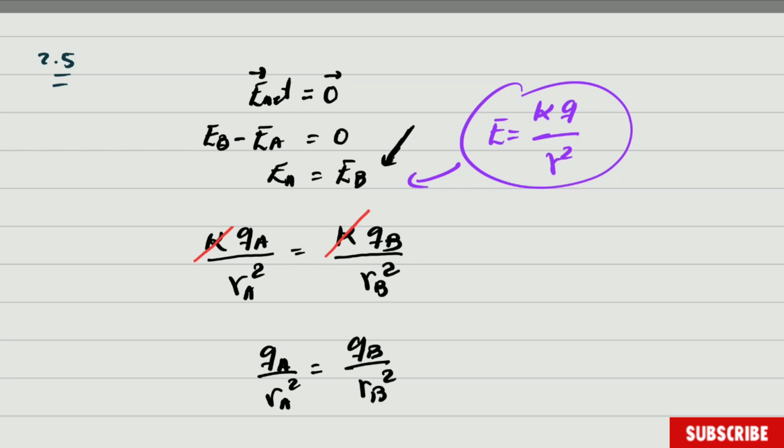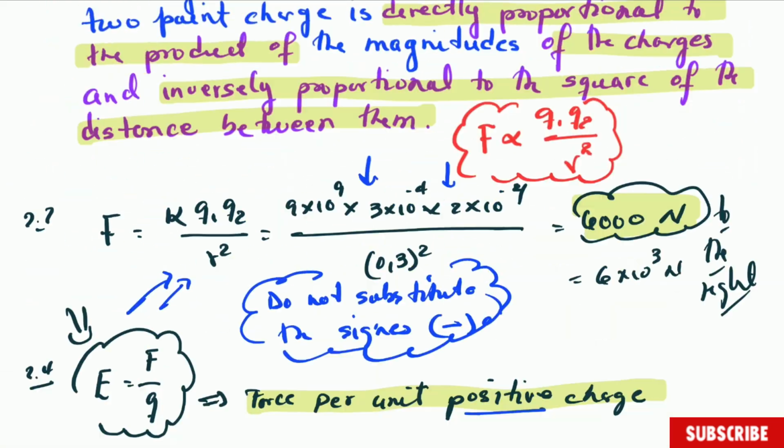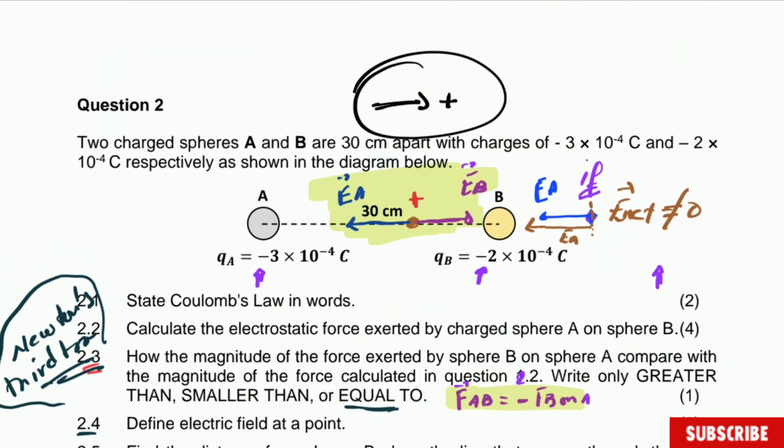But now we have to go to the distance, because there is a tiny issue with the distance, which could be confusing. You only have the distance between A and B. You don't have the distance to the point, because you in actual fact don't know where the point is.